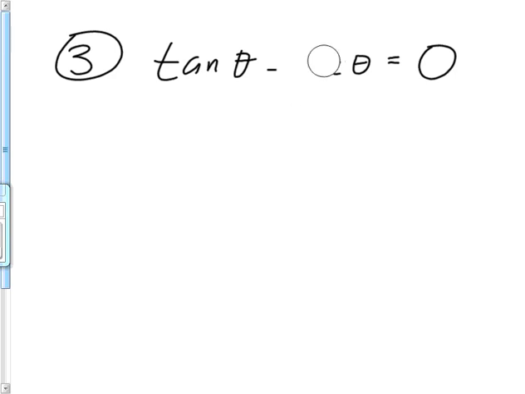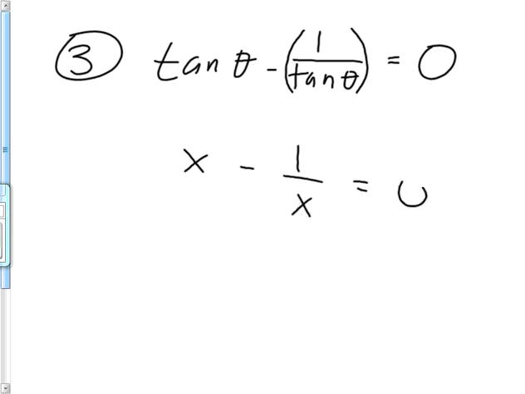Now I said before that's not going to make them cancel, and that's normally the time you do it, but this is another time you would do it, because now I've only got tangent in my equation. Now here's the thing: you've got to be able to think like these are just letters. If I had said x minus 1 over x equals 0, what do you think I want you to do?